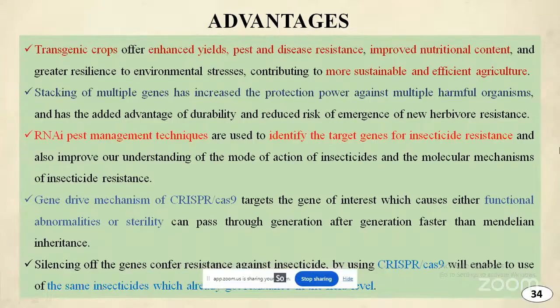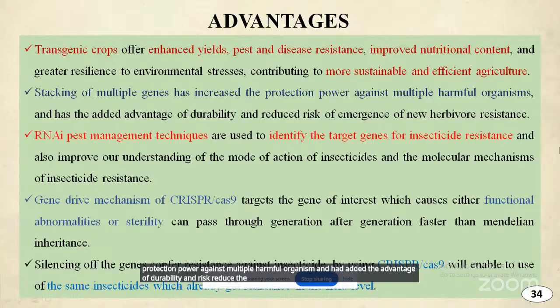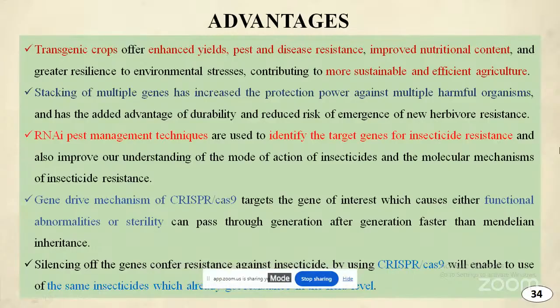Stacking of multiple genes, that is gene pyramiding, has increased the protection power against multiple harmful organisms and added the advantage of durability and reduced the risk of emergence of new pathogen resistance. RNAi pest management techniques are used to identify the target genes of insecticide resistance and also improve our understanding of the mode of action of insecticides and the molecular mechanism of insecticide resistance.